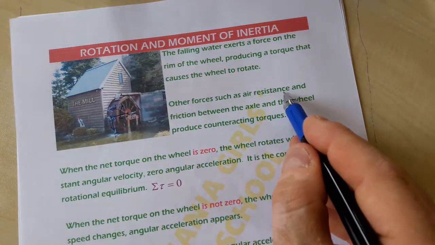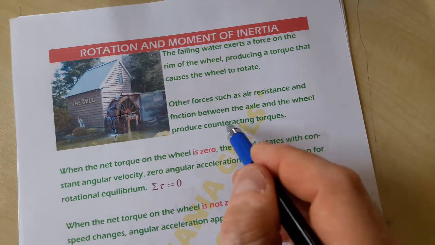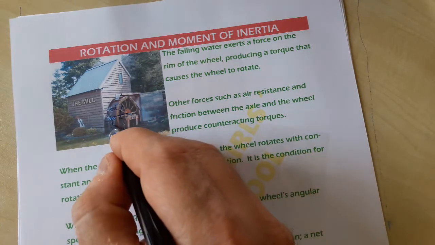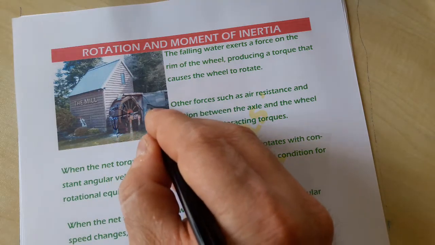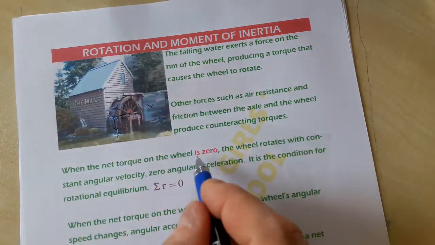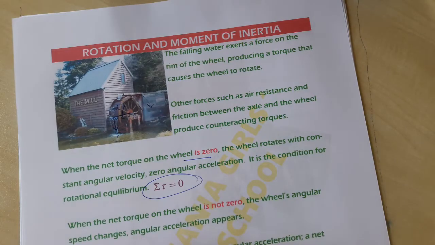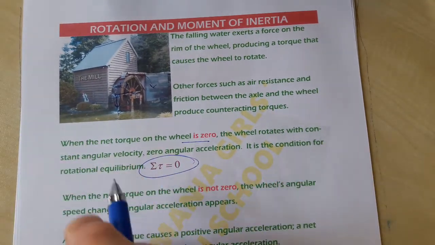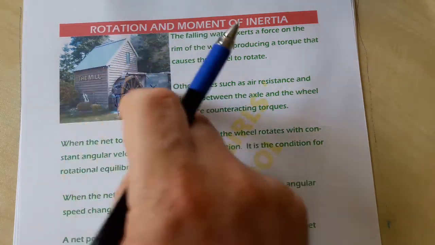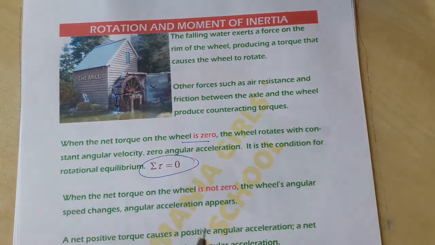Other forces such as air resistance and the friction between the axle and the wheel produce a counteracting torque. Of course, this falling water produces a torque, but the friction force or air resistance produces a counteracting torque. If these two are equal, which means the sum of the torque acting on the object is equal to 0, then this is the condition for rotational equilibrium. So this wheel will rotate with constant angular speed.